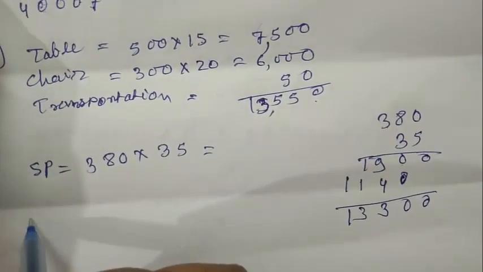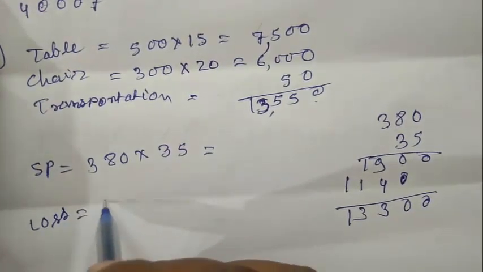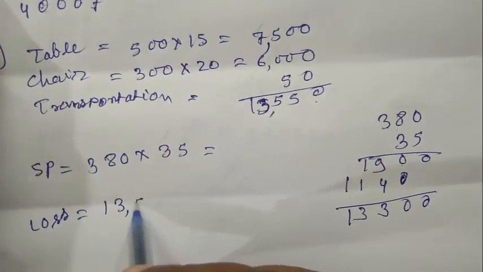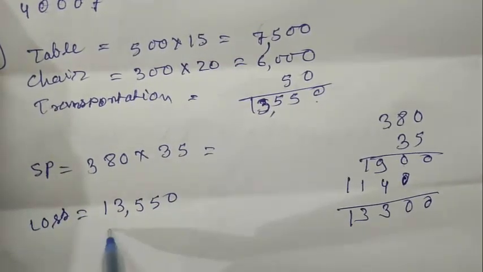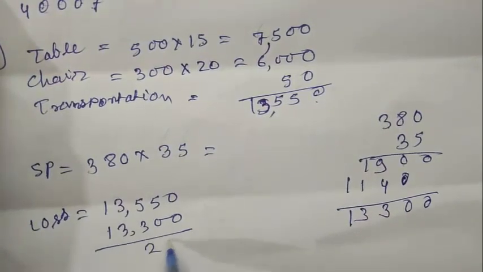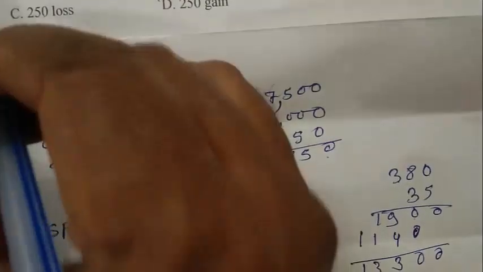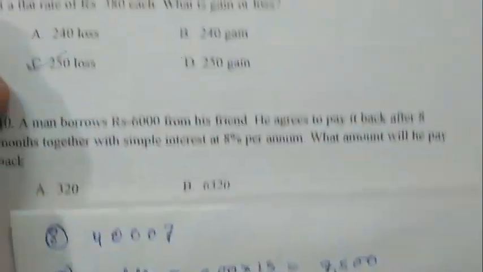So loss is 13,550 minus 13,300, it becomes 250. So C is the right answer.